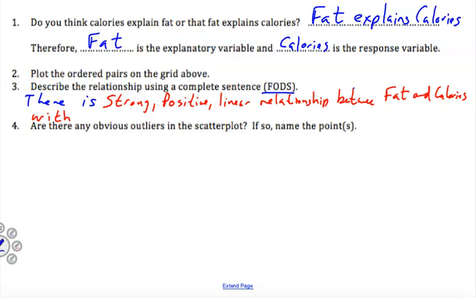And so in this case, we're going to say with 0 outliers. Okay, and then step 4, are there any obvious outliers in the scatter plot? No, there are not.